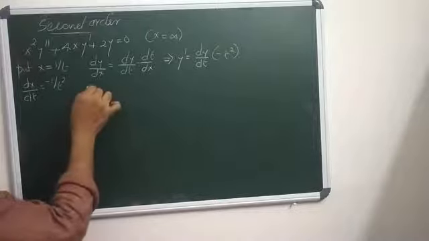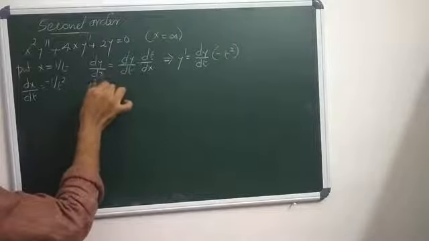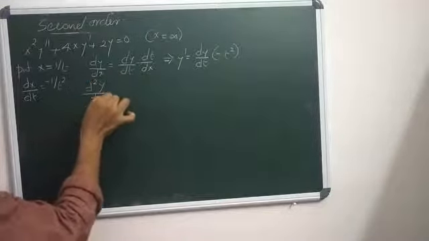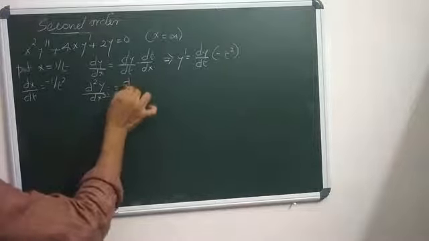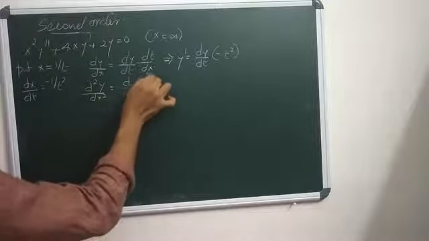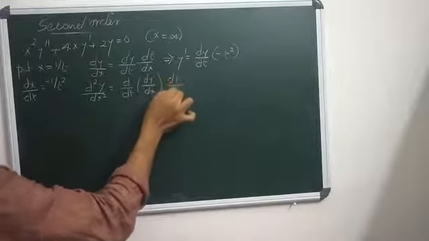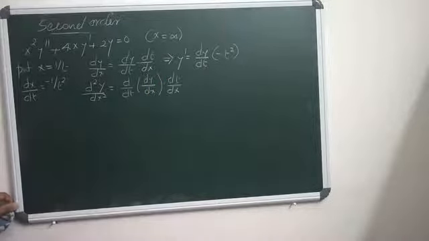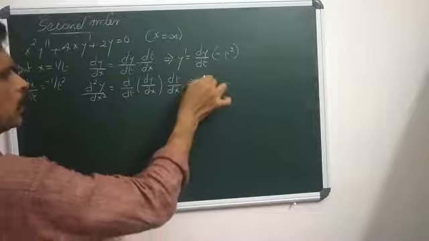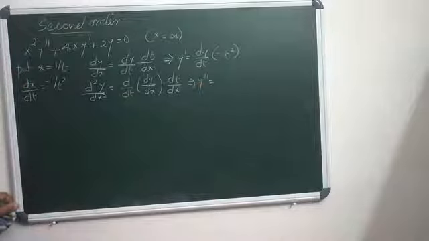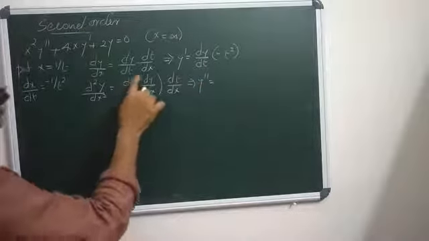And what is y2 dash or d square y by dx square? d square y by dx square is d by dt of dy by dx into dt by dx. Again by chain rule, that means y2 dash, d square y by dx square, means d by dt of dy by dx.